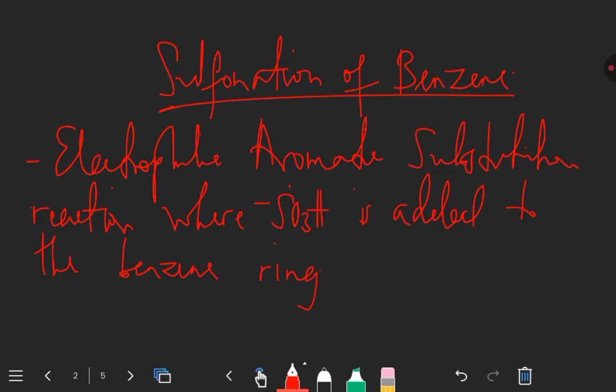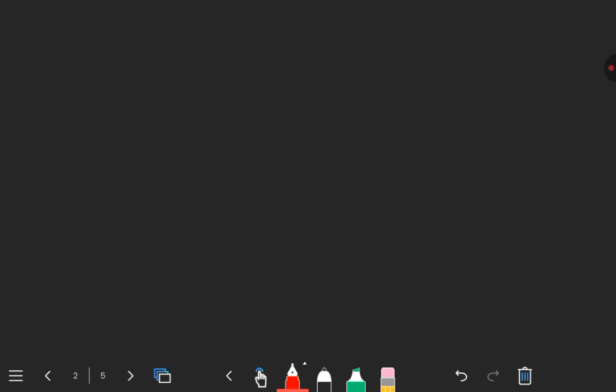So basically this is what we are doing. So let's look at the chemical equation.